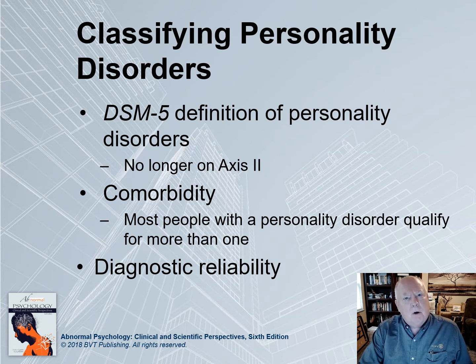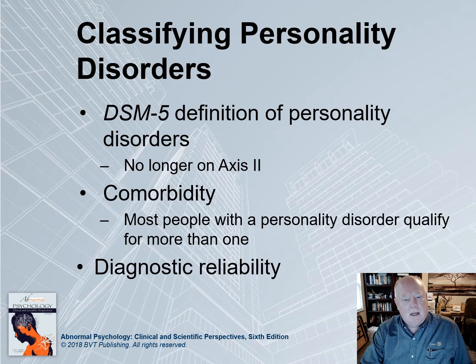But the reason Axis 2 existed, and by the way, in the same category, intellectual dysfunction was on Axis 2, is these were characteristics of the individual that were stable and tended to affect psychological functioning, but by and large were egosyntonic. Remember, egosyntonic means it doesn't feel like symptoms to the people, and so there's no desire to change it. But the behaviors associated with the personality disorders often created difficult situations that might be depressing for the individual or create anxiety, etc.